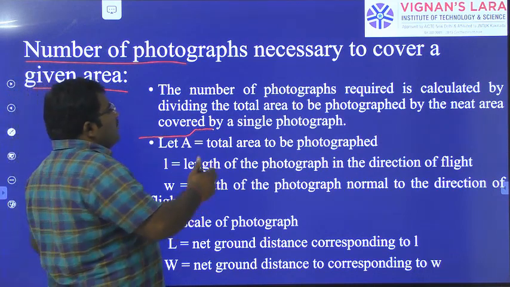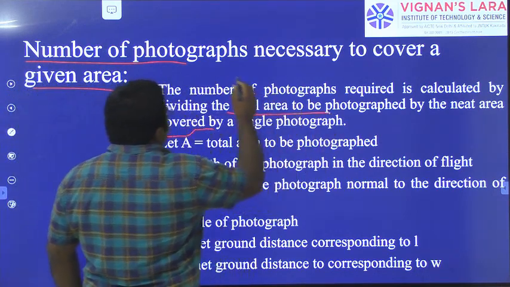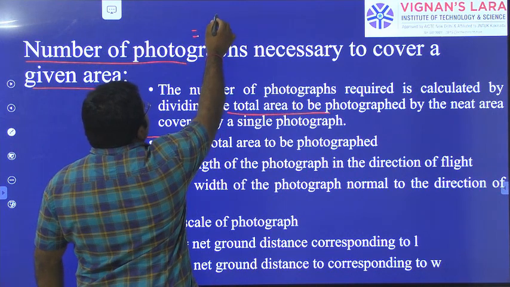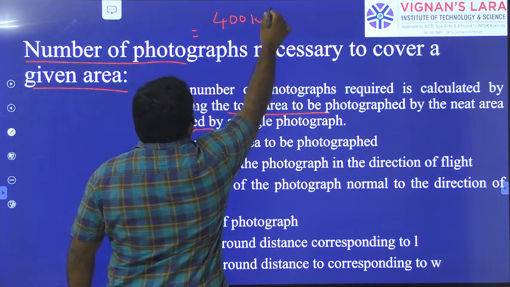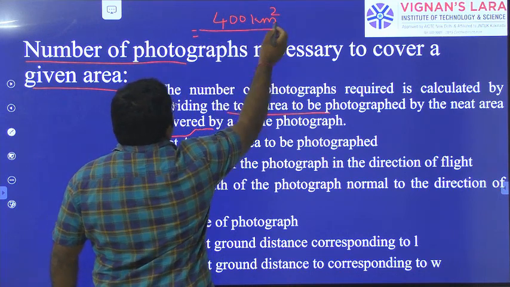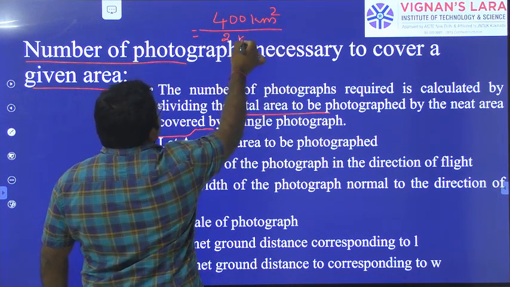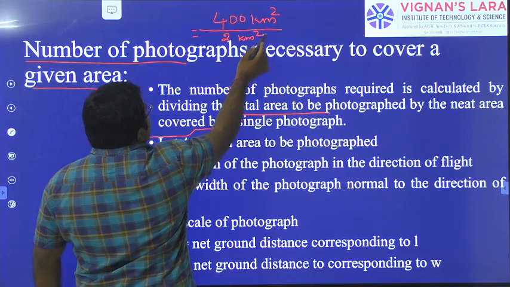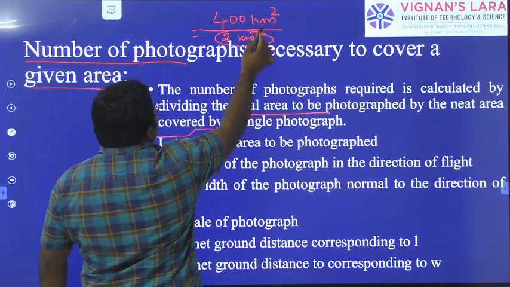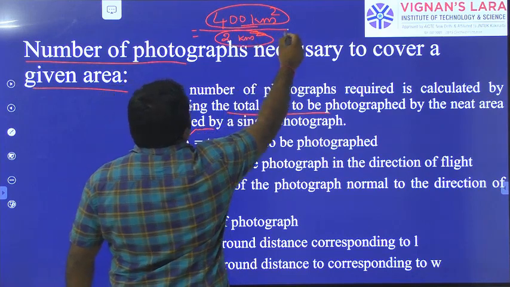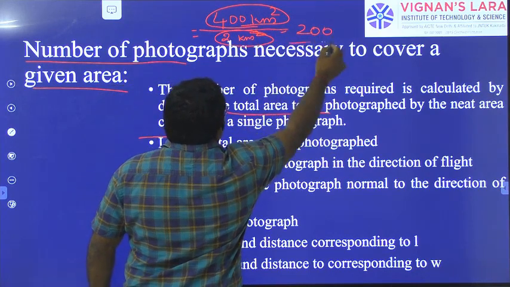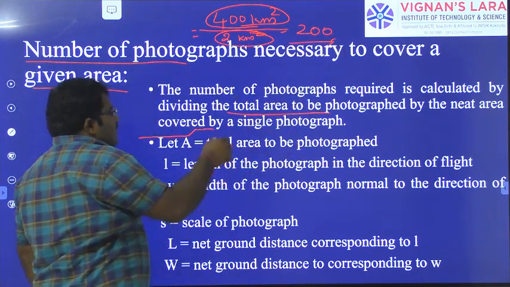Suppose I want to photograph a total area of 400 km square, but with one photograph I can cover 2 km square. So this is the area covered by a single photograph, and this is the total area. So we will get 200 photographs to be taken.